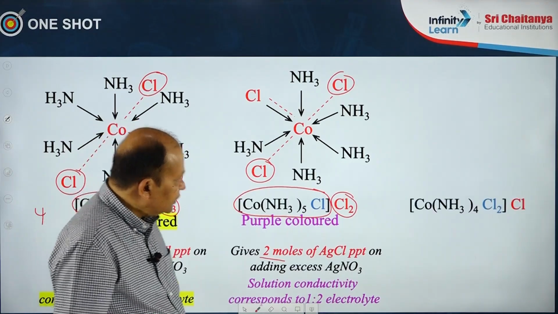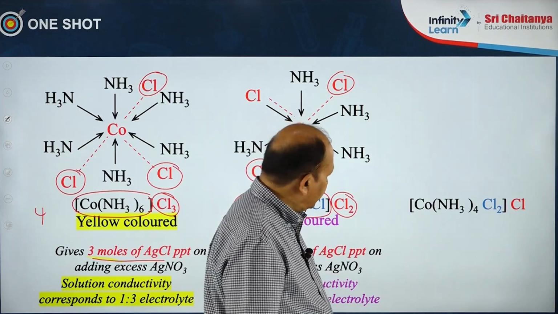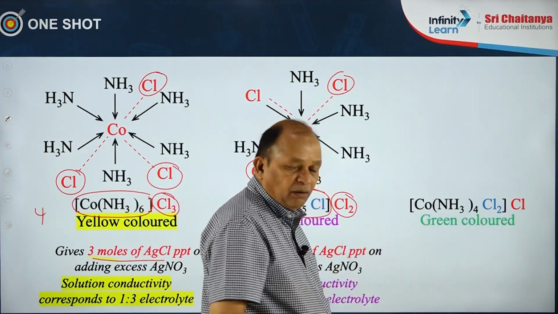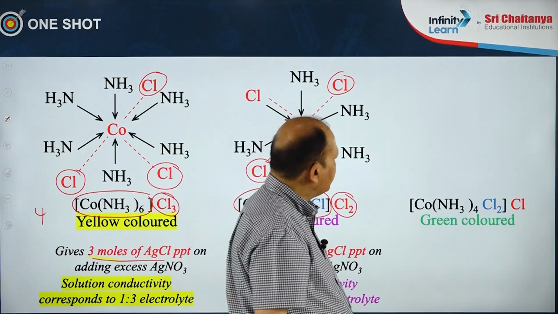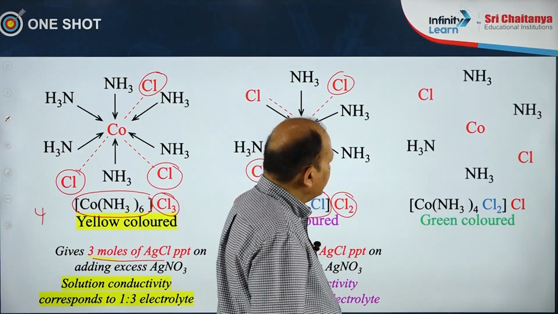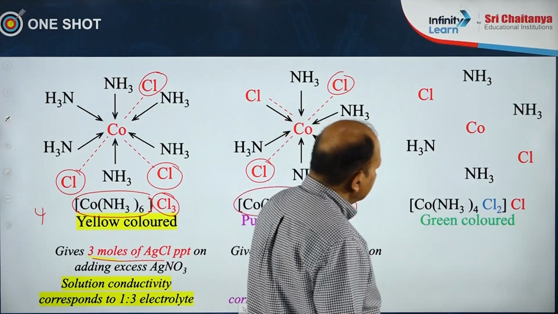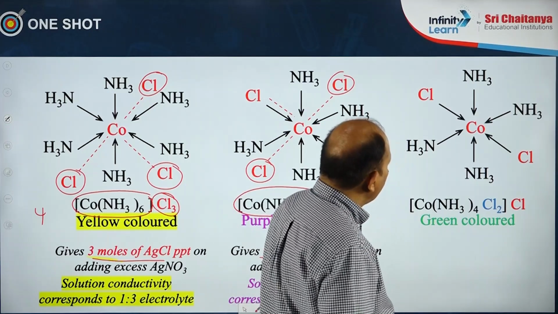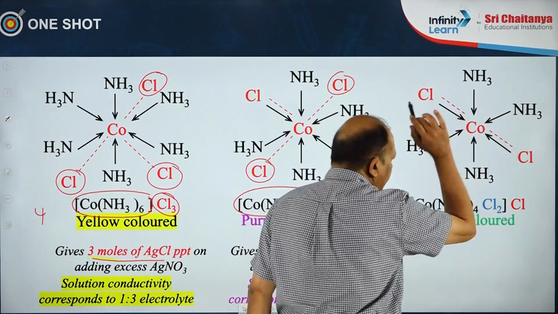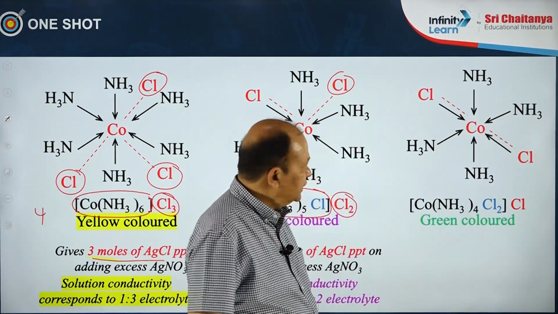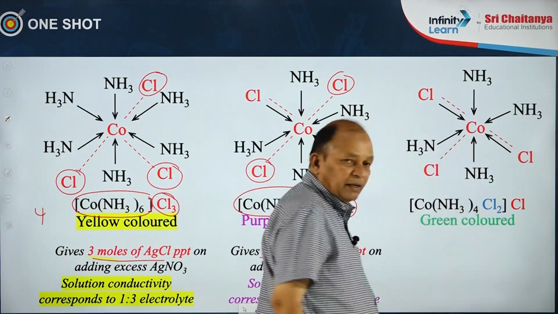Now, the third complex, tetraamminedichloridocobalt(III) chloride. It is a green colored complex. We have another isomer, a violet colored complex, also. Here, 4 ammonia molecules and 2 chloride ions satisfy the secondary valence, and these 2 chloride ions also satisfy the primary valence, and 1 chloride ion satisfies exclusively the primary valence.